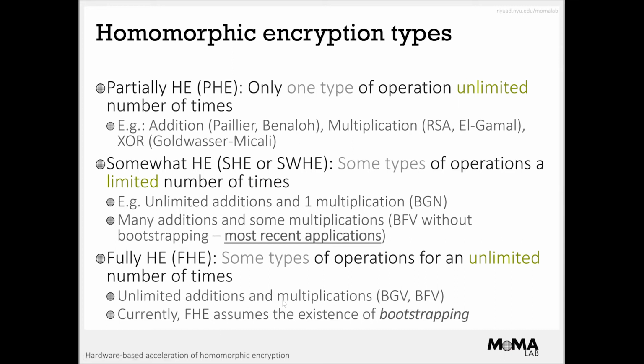And the current schemes we have for fully homomorphic assume the existence of bootstrapping, because fully homomorphic has noise. The more you multiply, the more noise is generated. And to clear the noise, you have to bootstrap. That is a slow process. So currently we see more applications on the somewhat homomorphic side, which puts a bound on the computation you expect to have in the field.